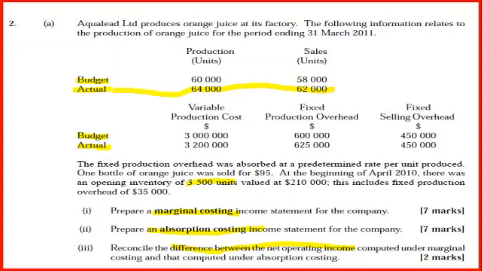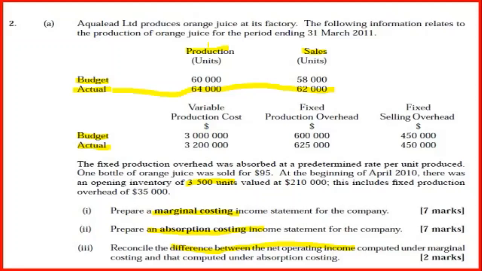Okay, so Aqualad Limited produce orange juice at its factory. The following information relates to the production of orange juice for the period ended 31st March. We are given the production and the sales in units, and then we are also given the variable and fixed cost for production and selling overheads.